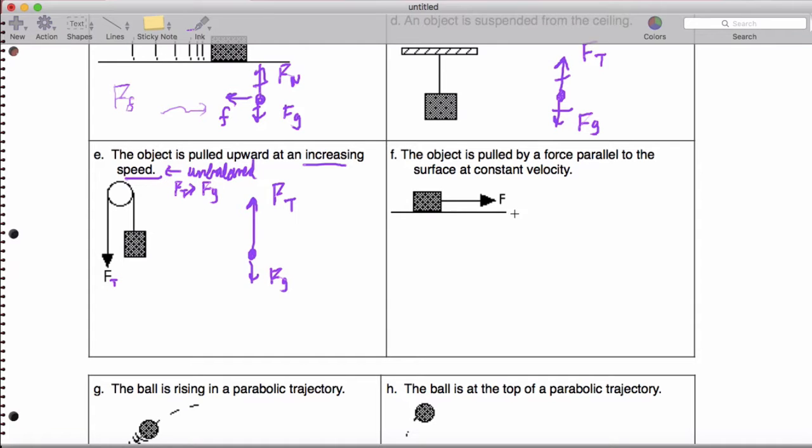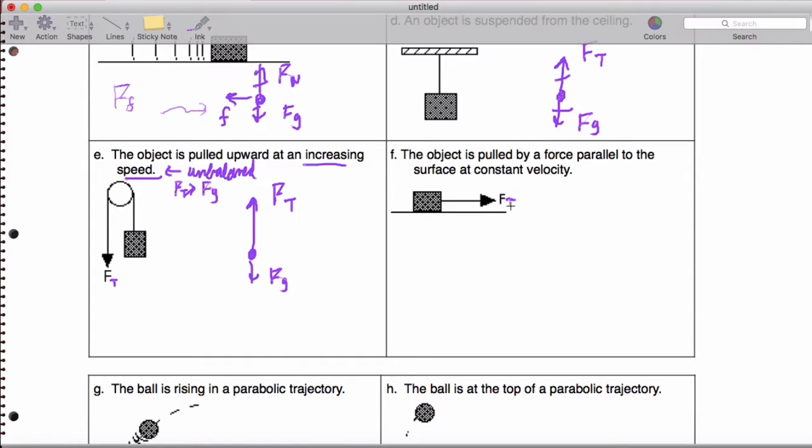Now here, an object is pulled by a force parallel to the surface at constant velocity. So we've got a normal, we've got the weight. Those do balance. And you know what, I'm going to call this a tension force again. So I'll have Ft. And you know, I just don't like how I did that. Let me just try that again.